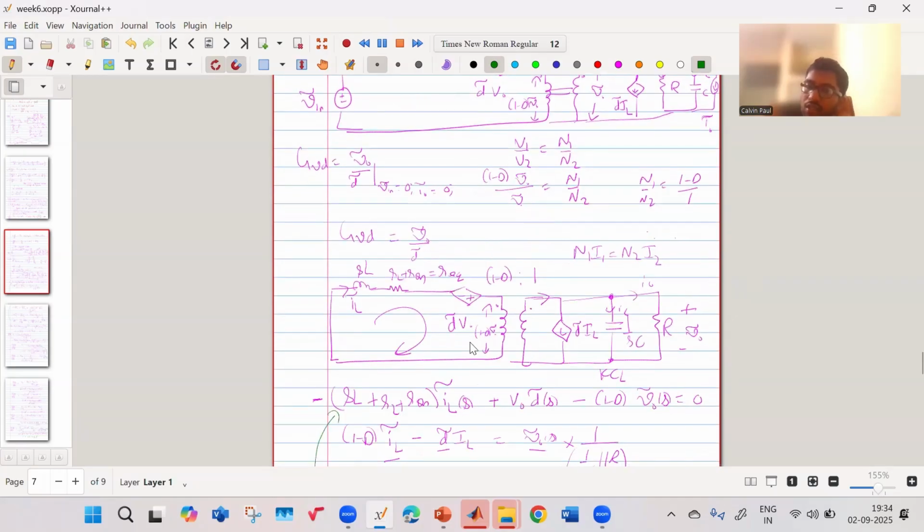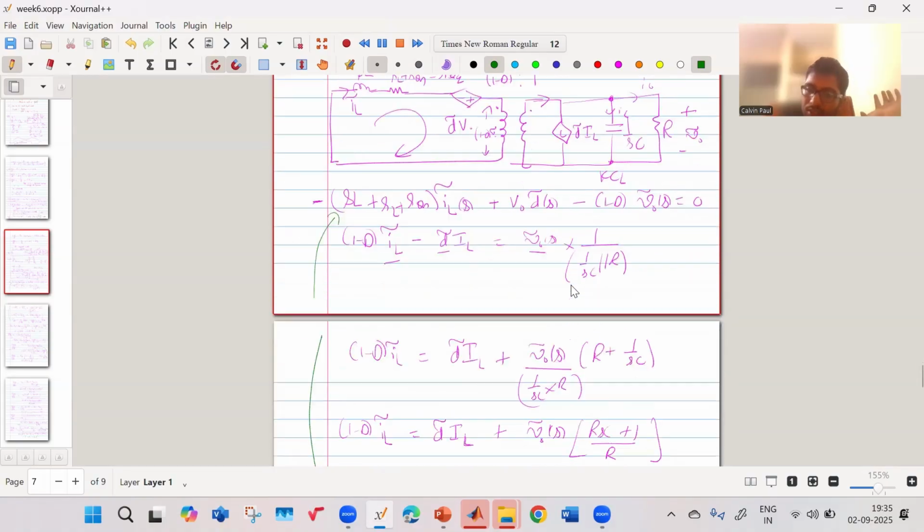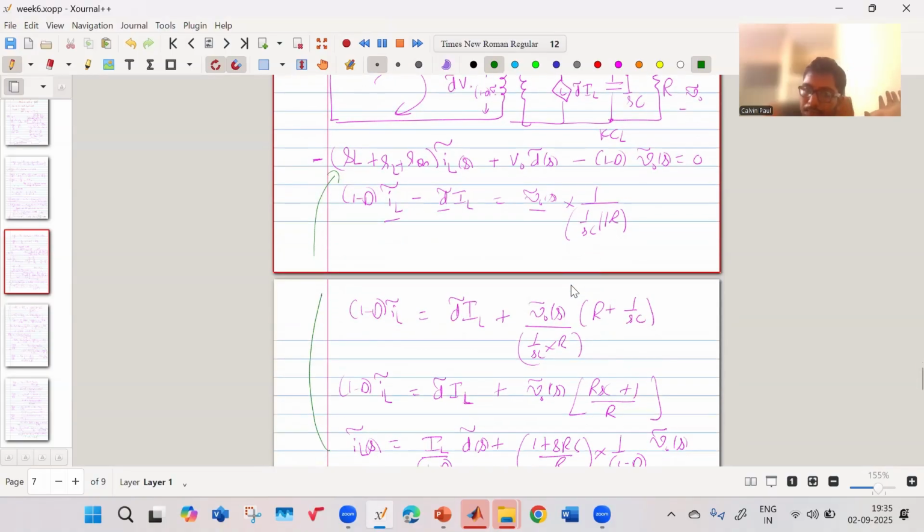So I thought of going through this method so that you can get this circuit model, because sir has also taught the circuit model. But the other way also you will get the same answer. There is no doubt you will get the same answer. And that is more mathematical, because you don't have to draw this and check it and find the KCL, KVL. That would be faster in that case.